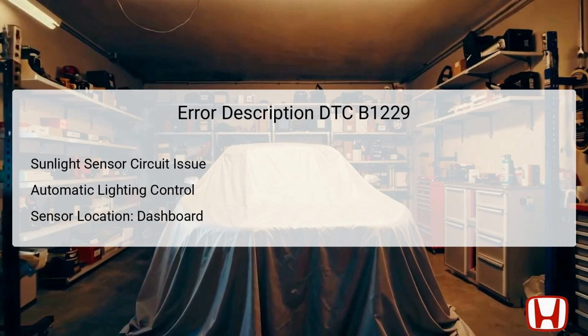The possible causes of DTC B1229 include several factors that can disrupt the operation of the sunlight sensor circuit. Firstly, wiring issues, such as breaks or shorts in the wires leading to the sensor, can cause an open circuit that prevents effective communication. Secondly, connector problems may arise, including corrosion, dirt, or loose connections within the plug terminals that hinder proper electrical conductivity.